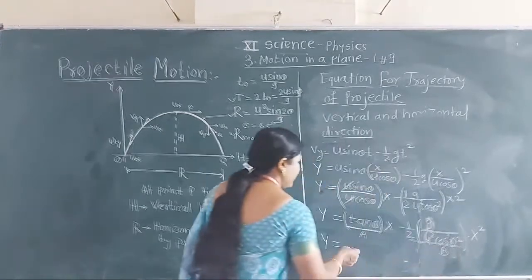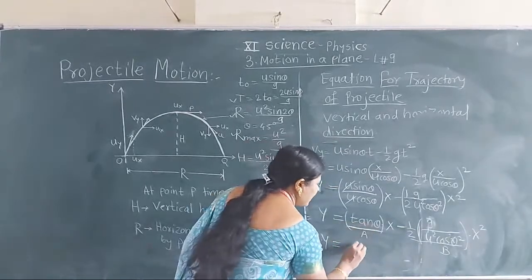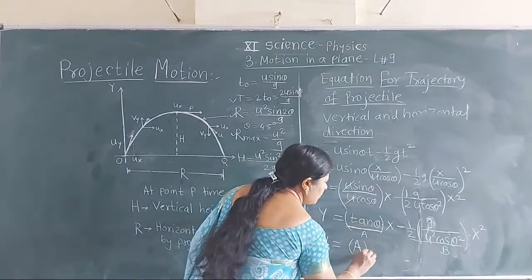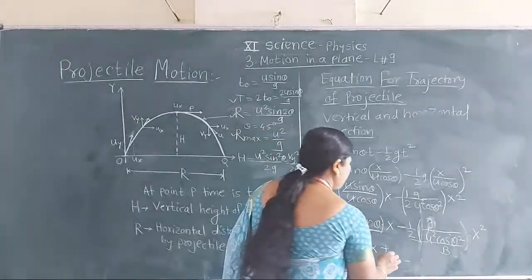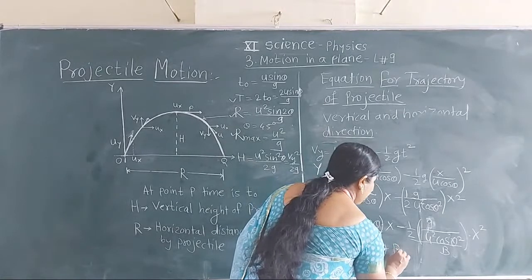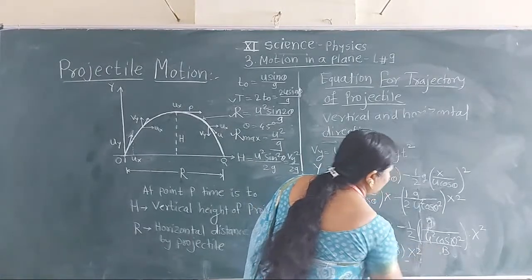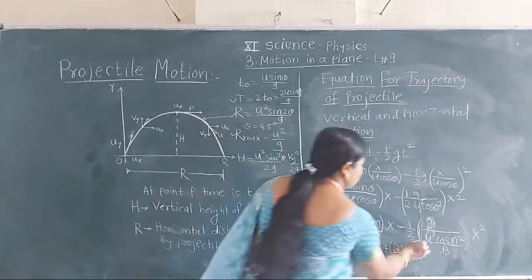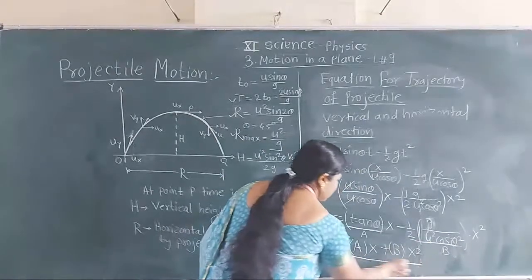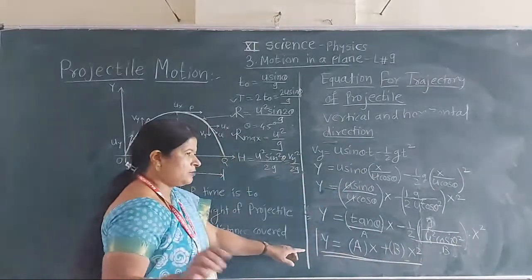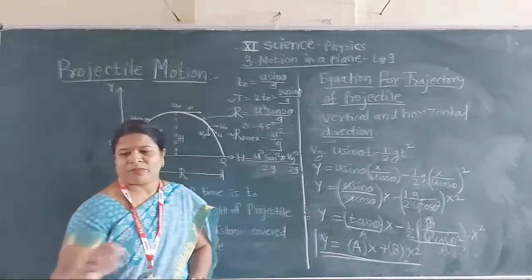So for tan theta I can write a into x plus b into x square.